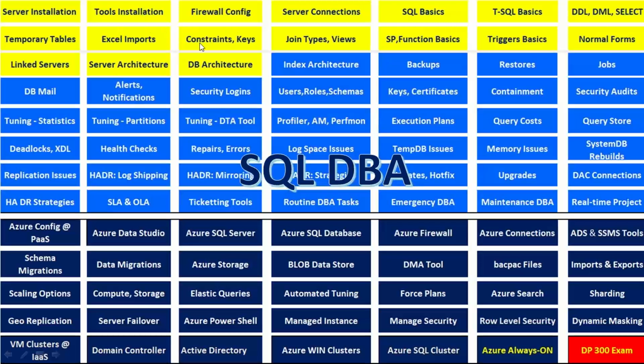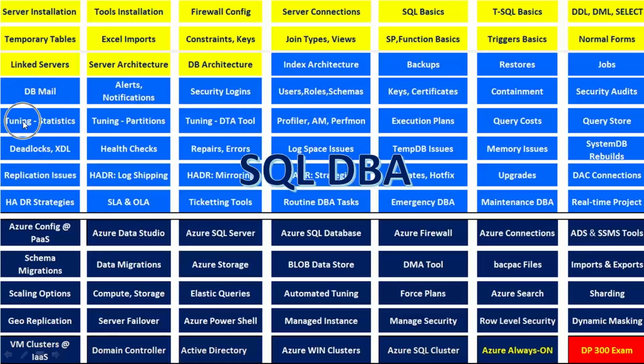All yellow items on the screen are for the basics, fundamentals. What is what? Especially server architecture and database architecture, two separate detailed classes. We understand the fundamentals first, then apply them practically with architectural elements. Then continue for core DBA and advanced DBA concepts, the blue color items, right from indexes, backups, database mail, security.